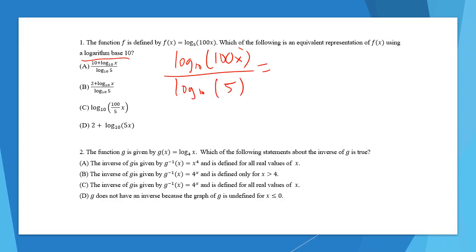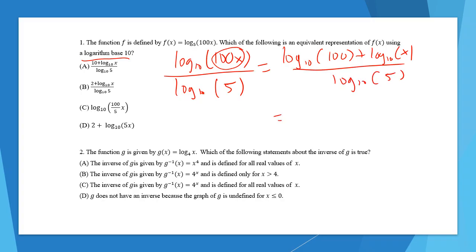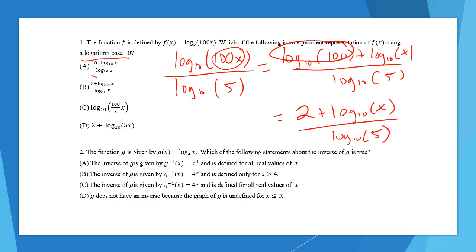And then splitting this up, because it's multiplication, I'm going to rewrite that as log base 10 of 100 plus log base 10 of x, over log base 10 of 5. This then should be log base 10 of 100 is just the number 2, plus log base 10 of x, over log base 10 of 5. And this should correlate with option B.